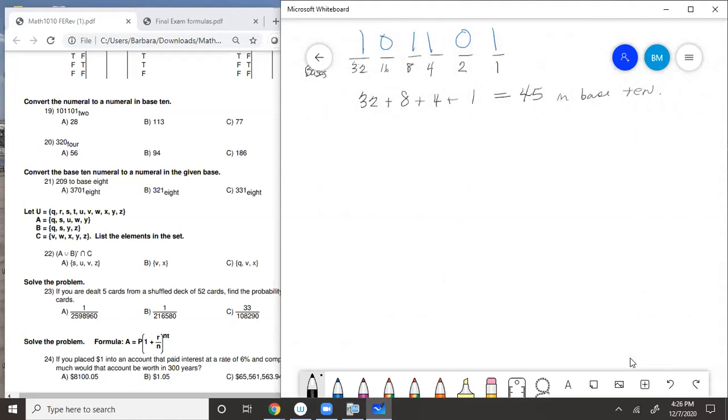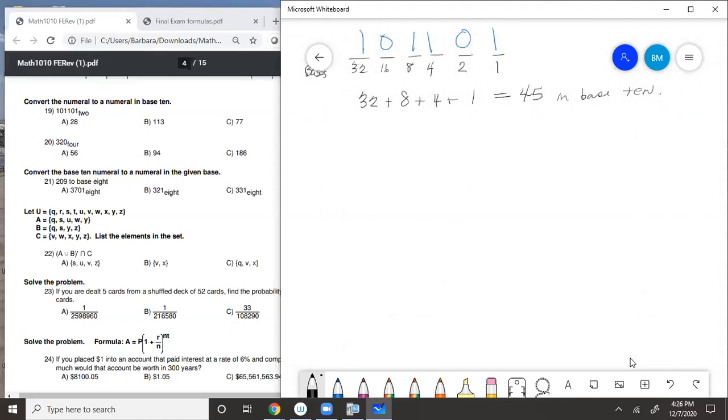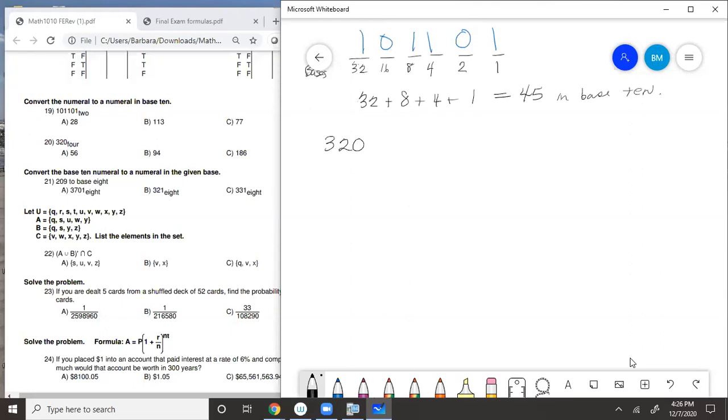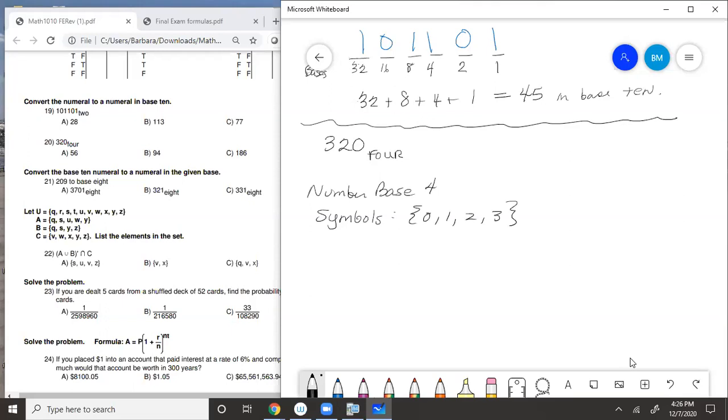The next number is 320 base 4. All right. So here we're using the number base 4, and the symbols that we use are going to be all the symbols up to 1 less than the number. So that includes 0, 1, 2, and 3. Once you go up to the symbol 4, we go back to 0 again.